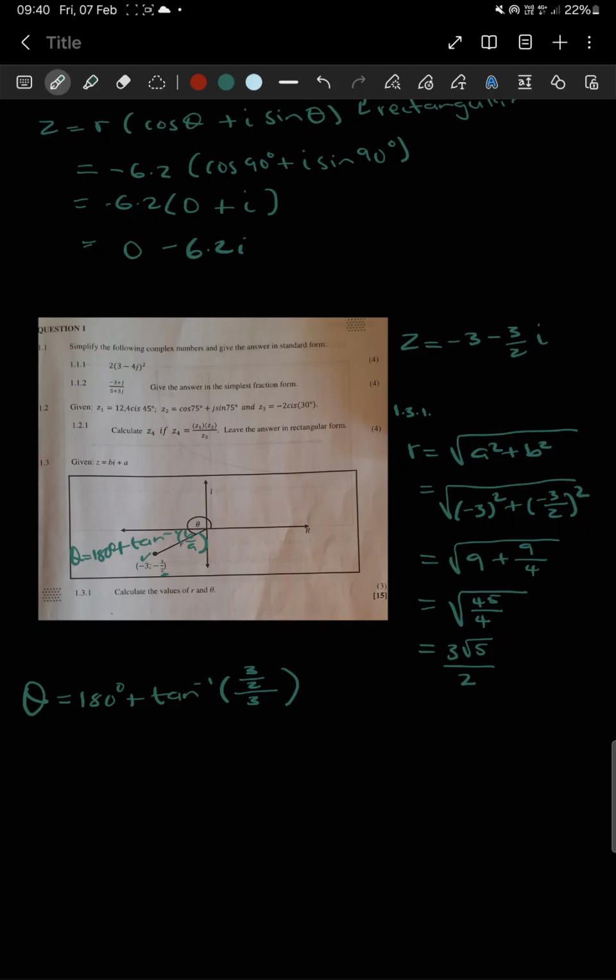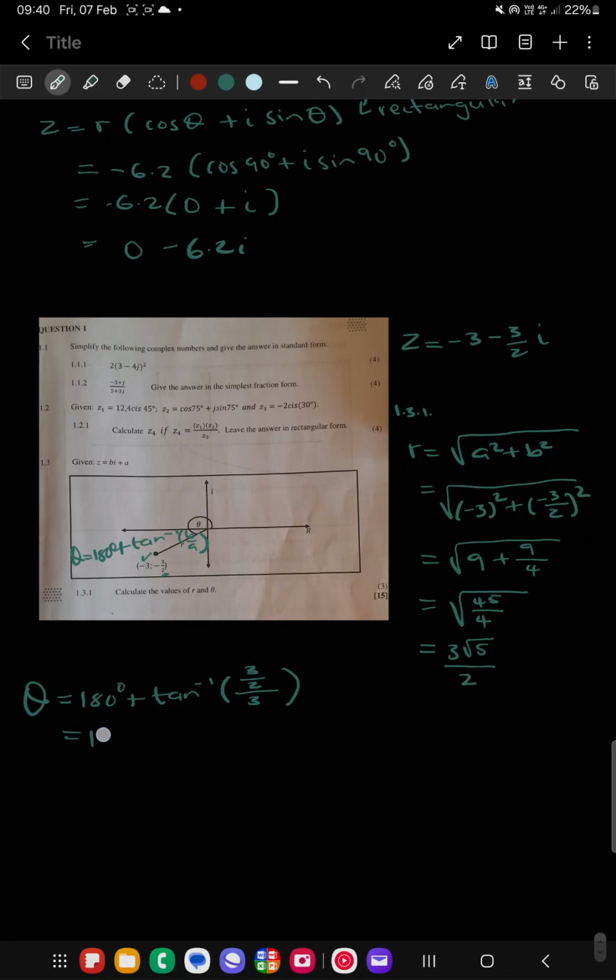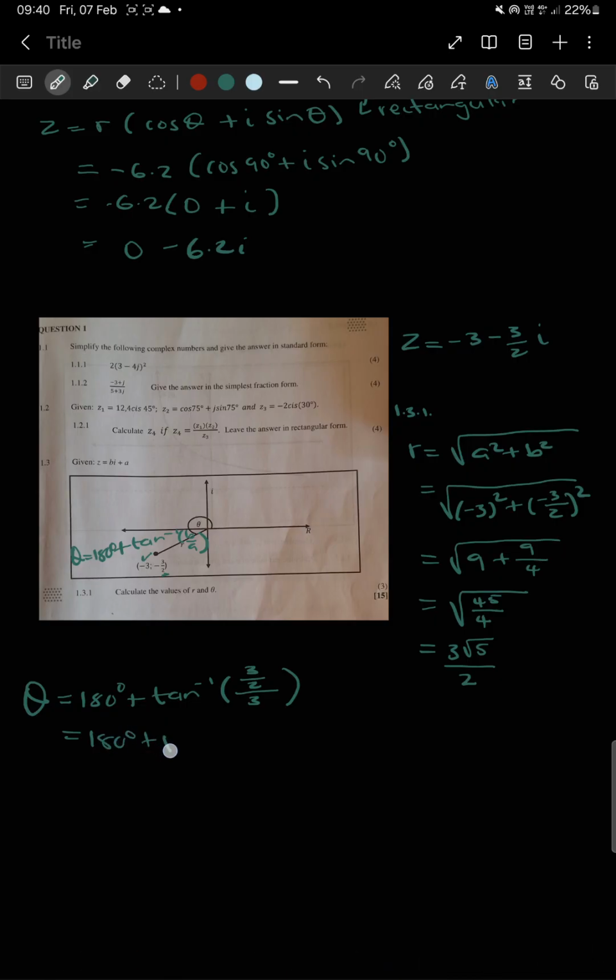Then the arctan of that is 180 degrees plus the arctan of a half.